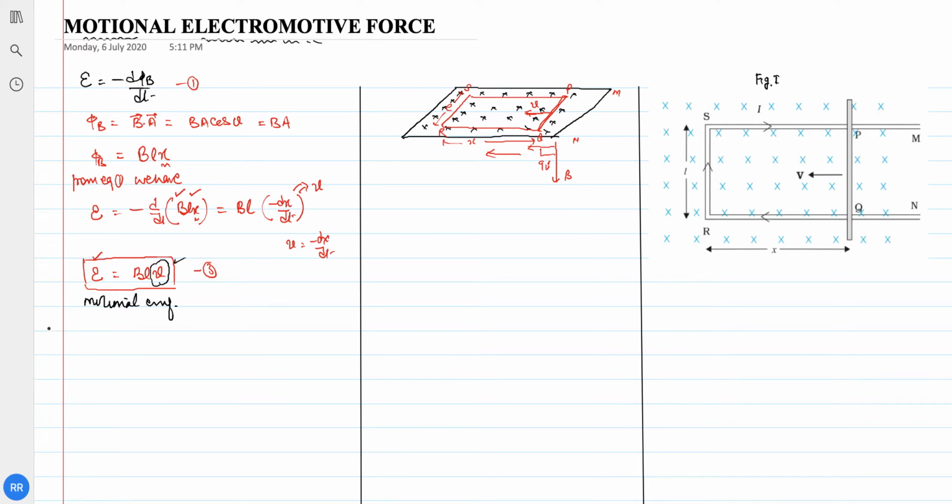So we have to discuss now another way to find the motional EMF. So see carefully the same diagram and another way to produce the motional EMF. Consider करिए कि it is possible to explain the motional EMF expression, this expression number 3, by invoking the Lorentz force acting on the free charge. So this is a conductor, PQ is a conductor, so it has some free charge. So what will happen then? Let's see carefully.